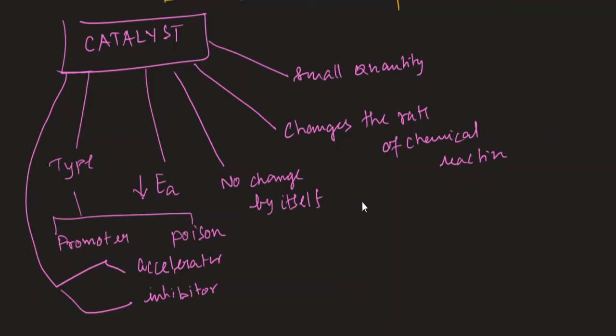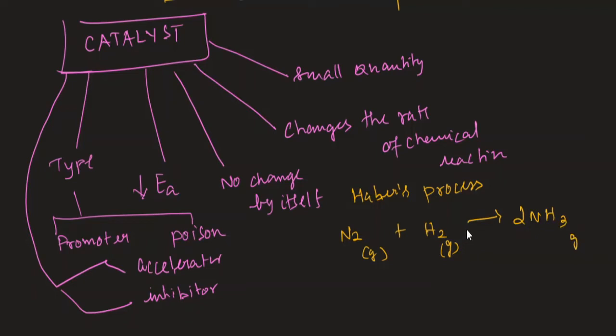Let us consider the Haber's process of manufacture of ammonia, that is from nitrogen gas combining with hydrogen gas, that gives ammonia, 2NH3 gas. Actually, there is an equilibrium reaction, and here 3H2.